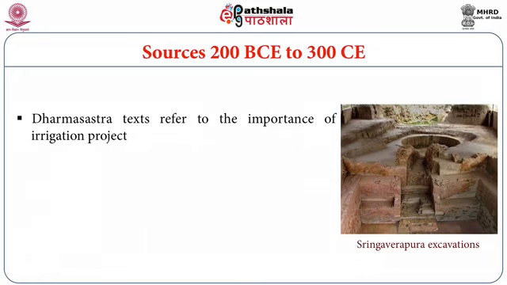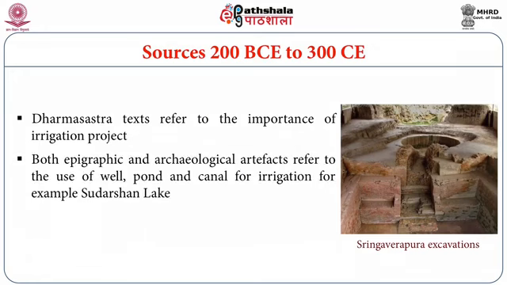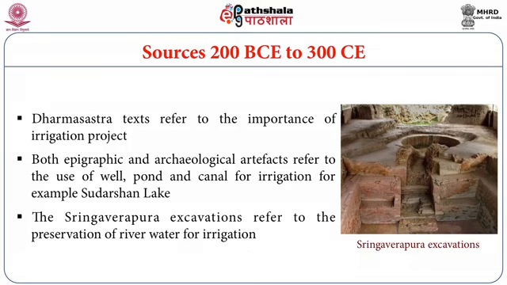Dharmashastra texts refer to the importance of irrigation projects. Both epigraphic and archaeological artifacts refer to the use of well, pond and canal for irrigation, for example, Sudarshana Lake. The Sringaverapura excavations, in Allahabad, refer to the preservation of river water for irrigation.